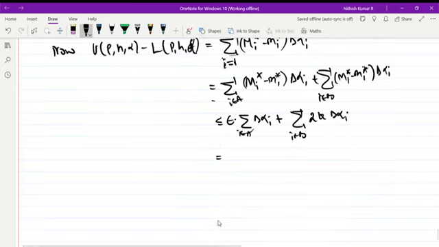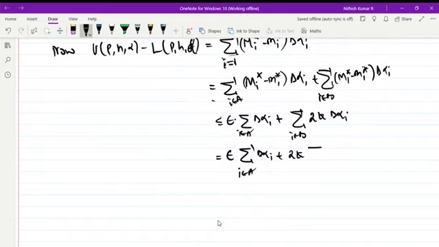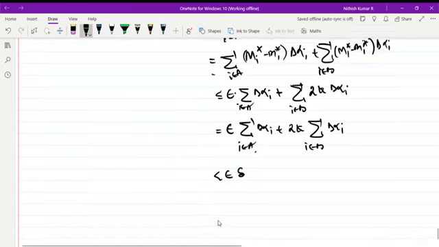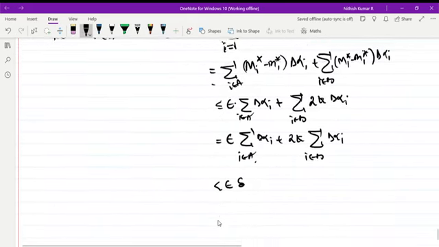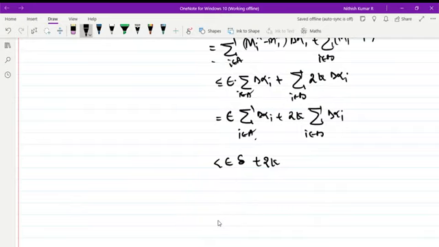Which is equal to epsilon times the summation i belongs to A of delta alpha_i plus 2K times the summation i belongs to B of delta alpha_i. Now which is less than epsilon times delta, because the summation i belongs to A of delta alpha_i is less than delta, and plus 2K times, whenever i belongs to B, delta alpha_i is also less than delta.